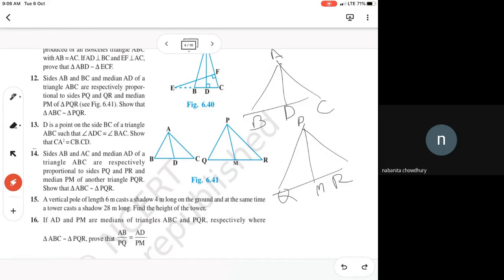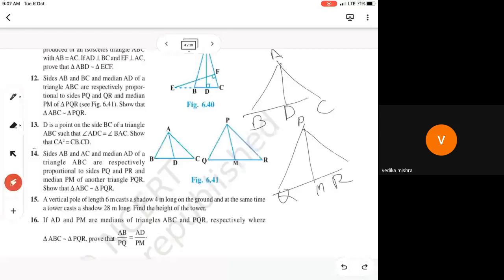So how can you prove it? First, you need to prove that these two triangles, ABD and PQM, are similar.